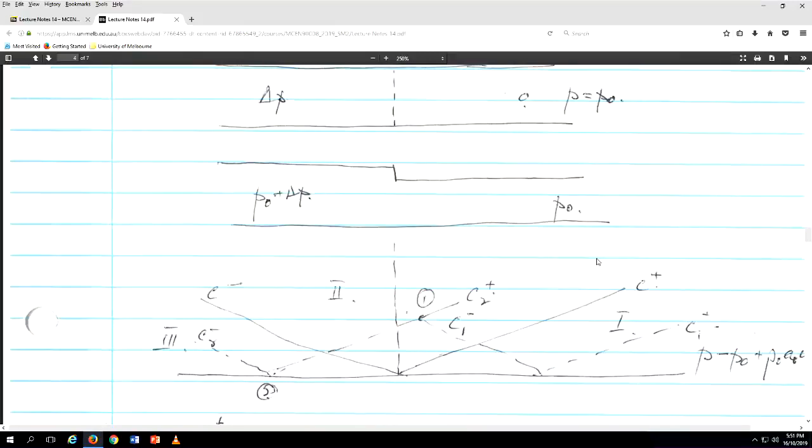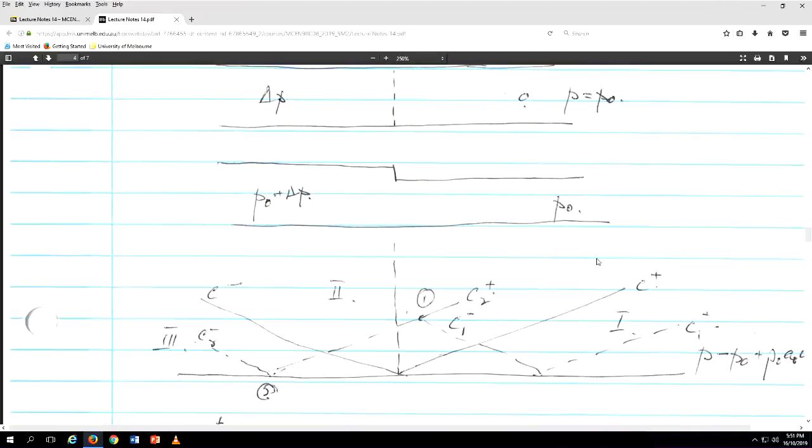And I'll send a wave forward and a wave back. And I want you to see what I send forward and what I send back. I'm going to send an expansion back, and I'm going to send a compression forward. Okay, so let's work it out.